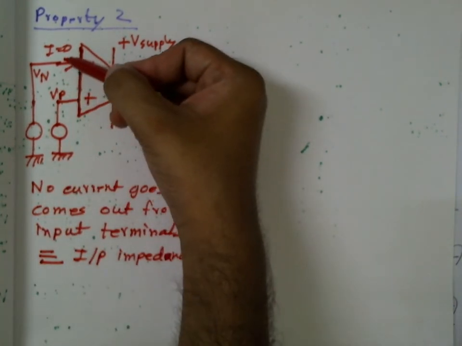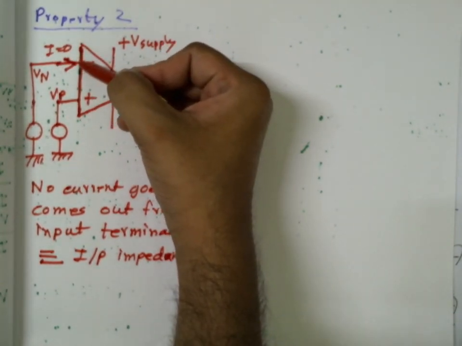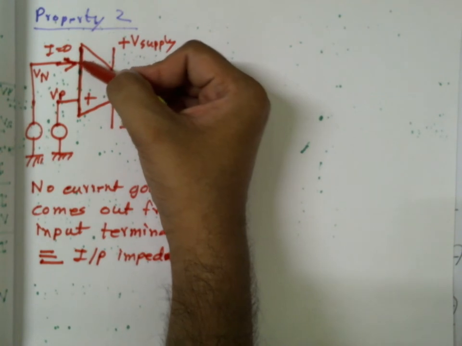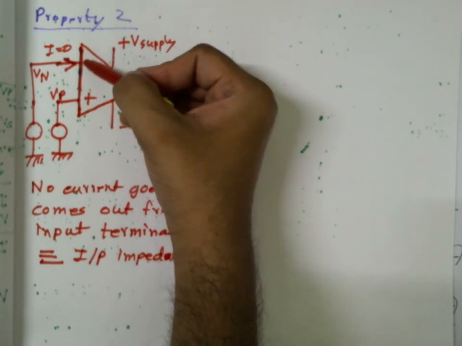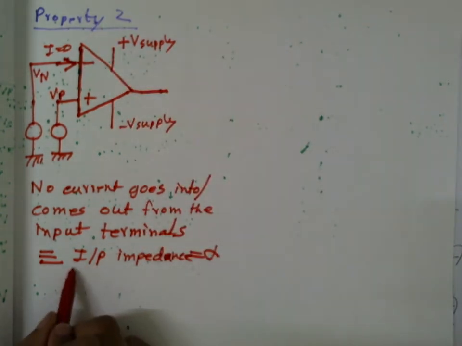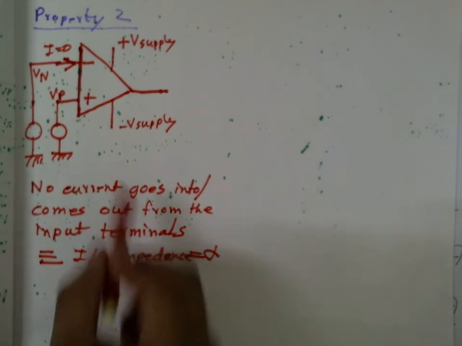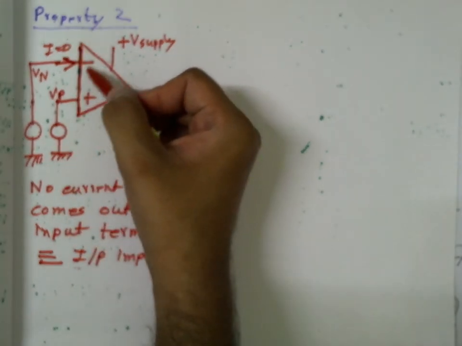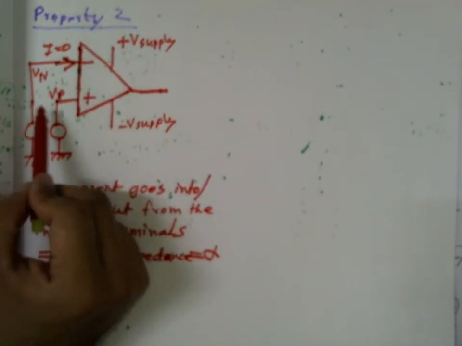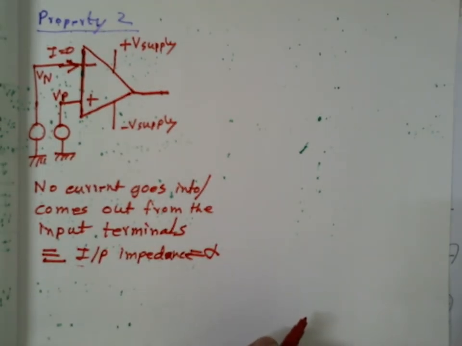No matter whatever the voltage is, the current is 0, right? So the voltage by current is voltage by 0, because the current is 0, which is equal to infinite. So that's what is meant by the statement that input impedance is infinite for both these input terminals. No current goes in, no current comes out. This is a very, very important property of an op-amp that you must know, must remember.